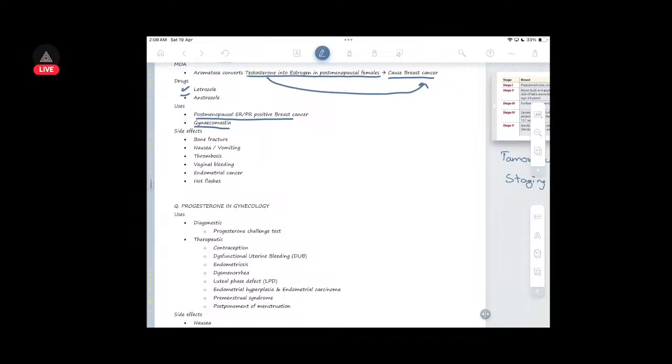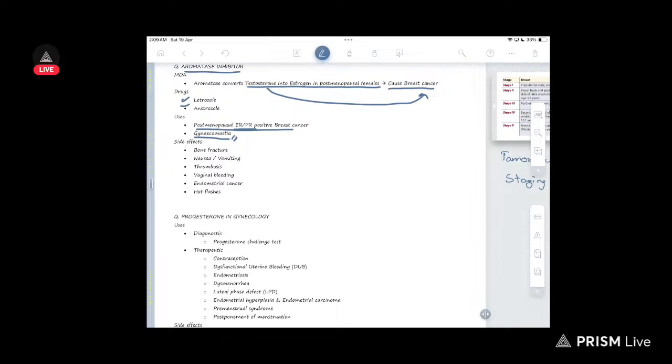It is given in postmenopausal receptor positive breast cancer and gynecomastia.